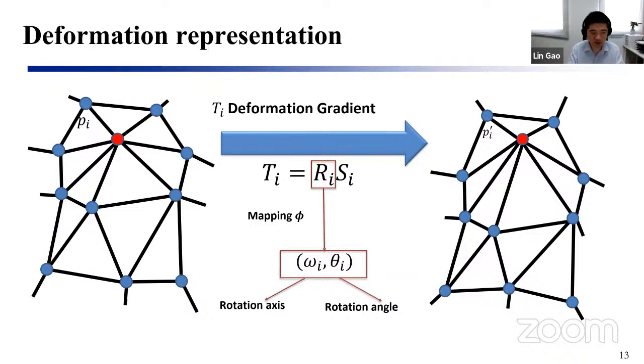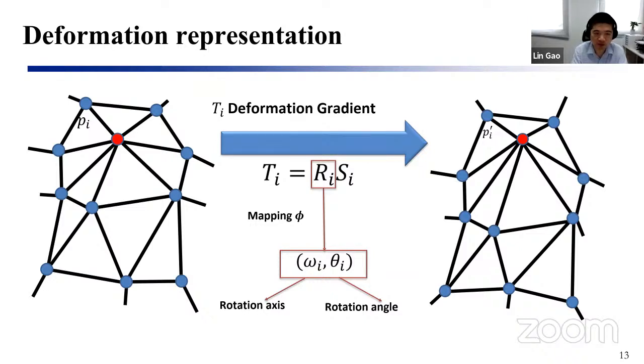So given two deformed meshes, in each triangle's neighborhood we could get the deformation gradient. This is straight from the previous literature.